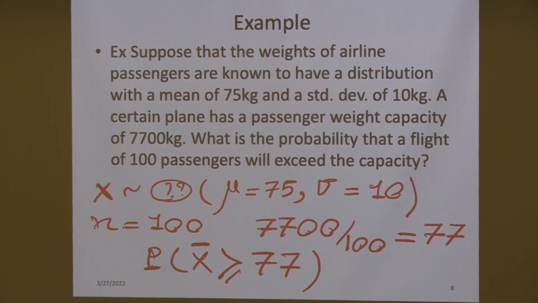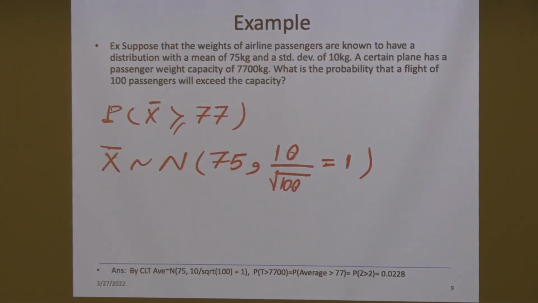The number of airplane passengers in general is much more than 100 all over the world, right? 100 is less than 10%, right? So we can use the assumption of independence, and at the same time, the sample is large enough. So we can use the central limit theorem and say X bar is normally distributed. The mean for that is 75, and the standard deviation for that is the standard deviation in the population divided by the square root of n, which is going to be 1 here, right?